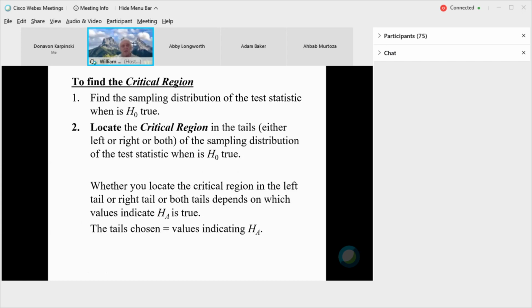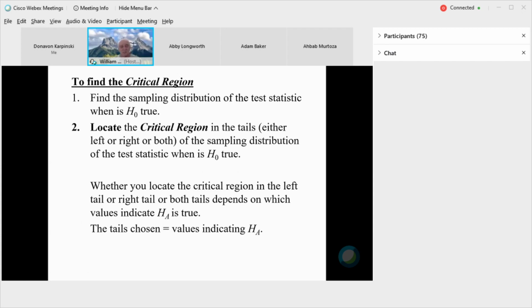To find the critical region, you find the sampling distribution of the test statistic when H0 is true, then locate the critical region in the tails, either in the left tail or the right tail or both, depending on which indicates H0 is false. We'll be giving examples where they're located.